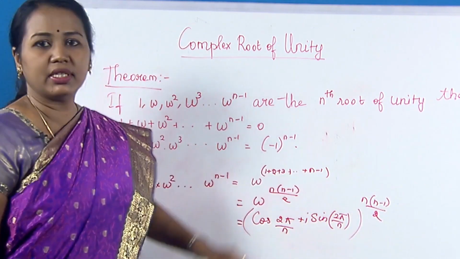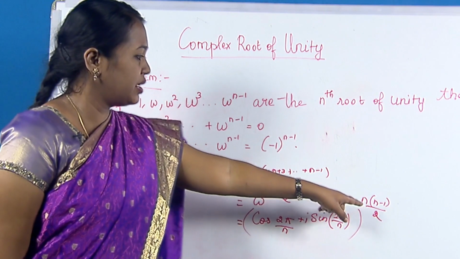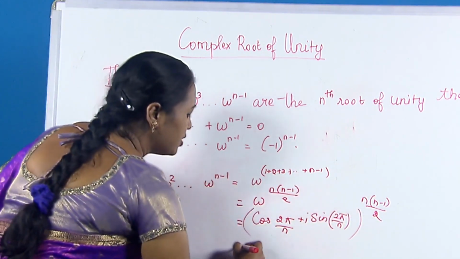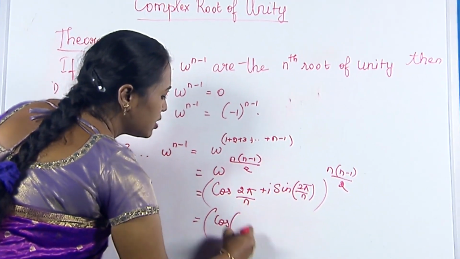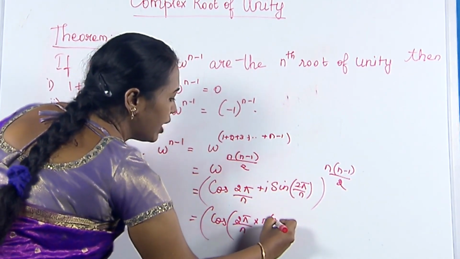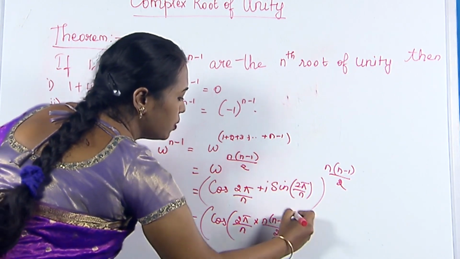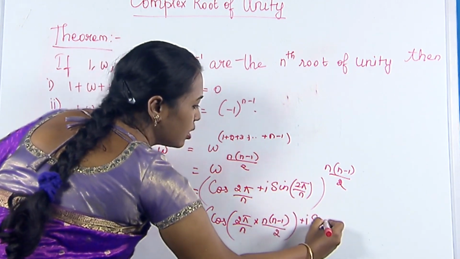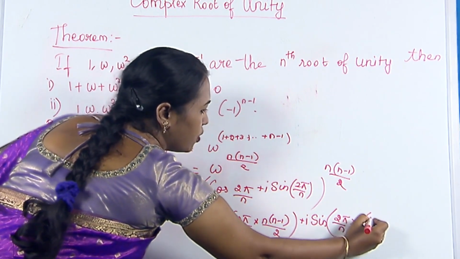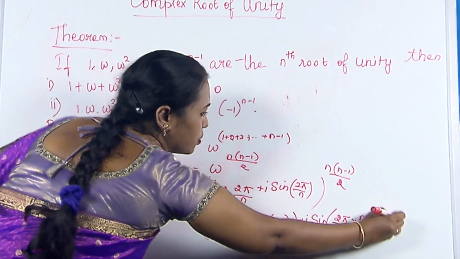Now, let us use de Moivre's theorem. Using the de Moivre theorem, this particular power comes inside and therefore, this becomes cos 2 pi by n times n into n minus 1 by 2 plus i sin 2 pi by n into n minus 1 by 2.